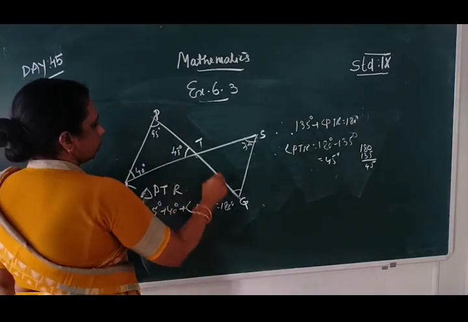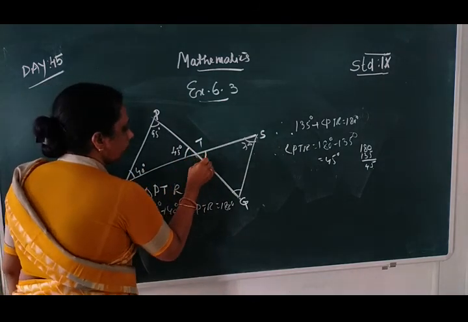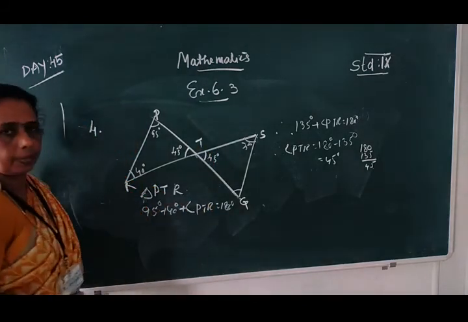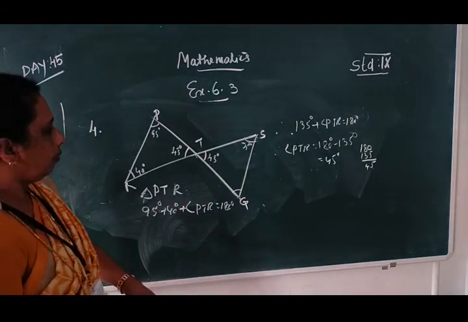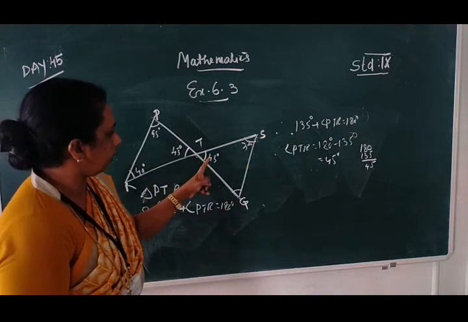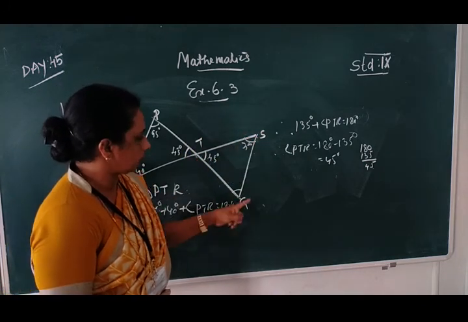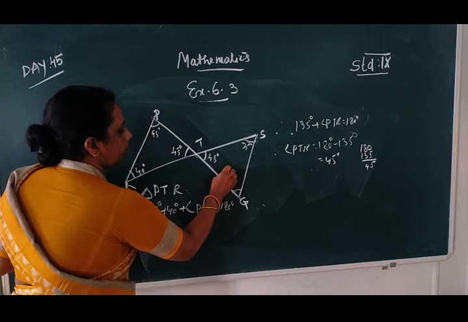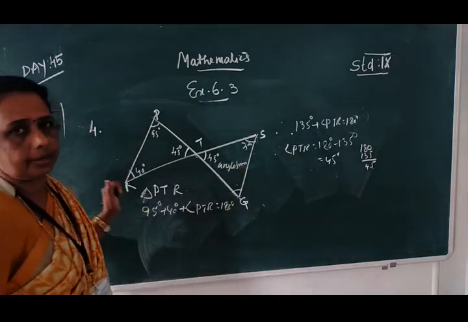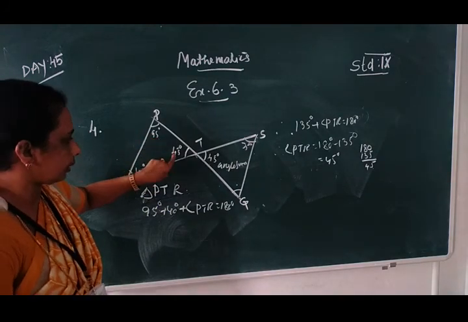These two lines intersect each other at the point, so these two angles are vertically opposite. Therefore, this angle is also 45 degrees. Again, we want to find angle SQT, so consider triangle TSQ. Applying the angle sum property, first consider this triangle and find this angle.